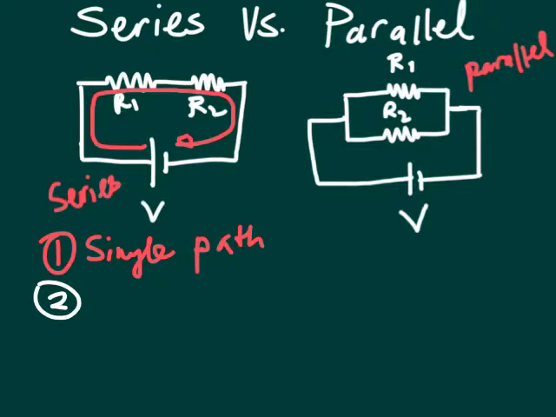Charge cannot be created or destroyed, and charge does not pile up in a circuit, so the current through R1 must equal the current through R2. So any elements connected together in series must have the same current.